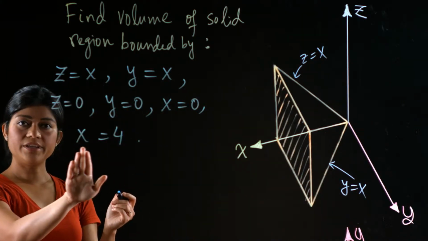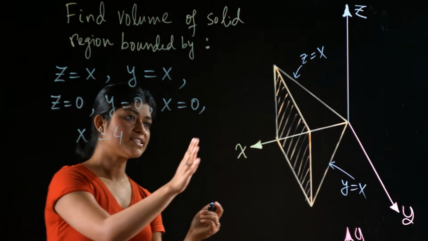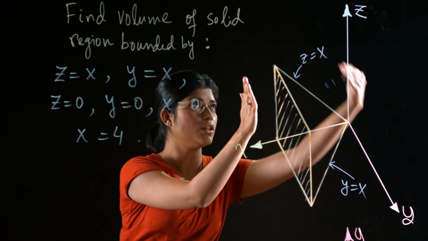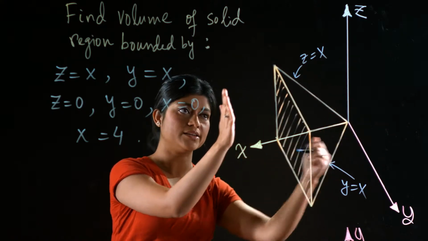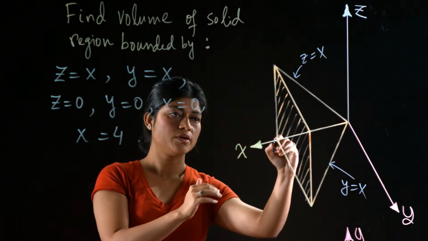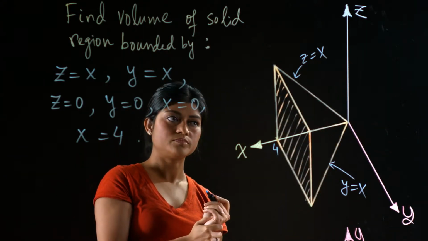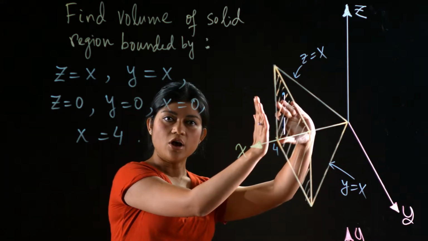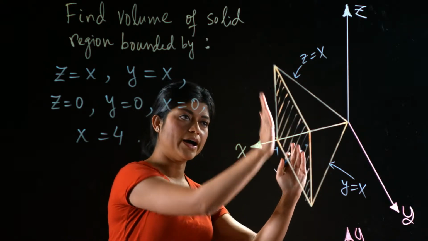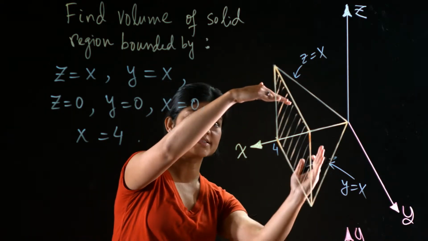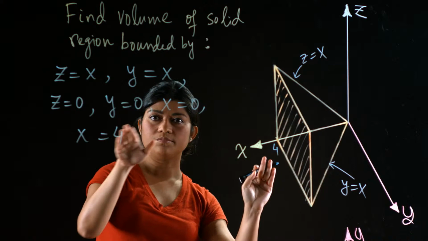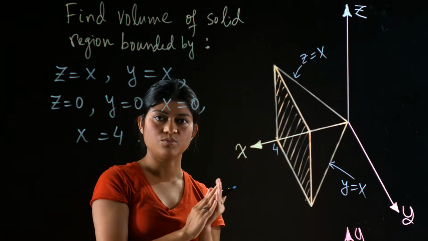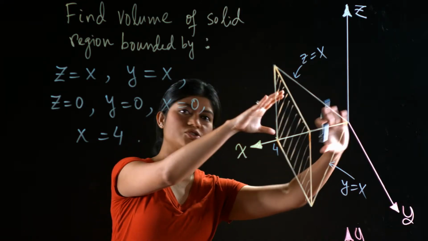And if you come down here, x equals 4 is a plane passing through x equals 4 and parallel to the yz plane. So, this is our x equals 4 plane, and here is 4. Okay, so you kind of visualize what the solid will look like. It's bounded by this plane, this line, this line, and all the first octant planes in the xz, yz, and xy coordinates. So, here is our solid.